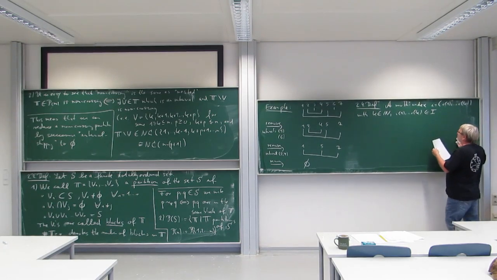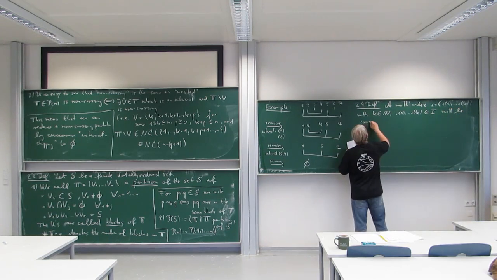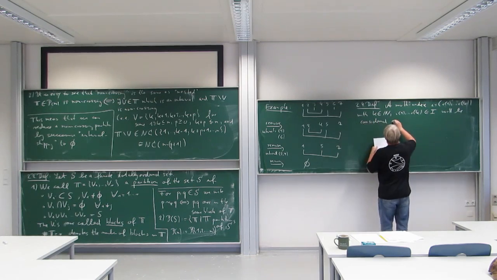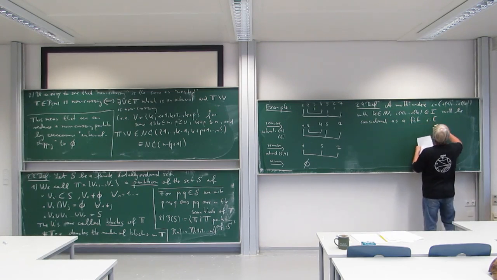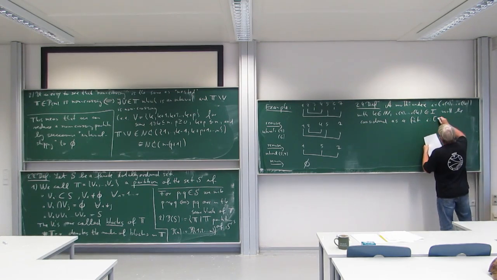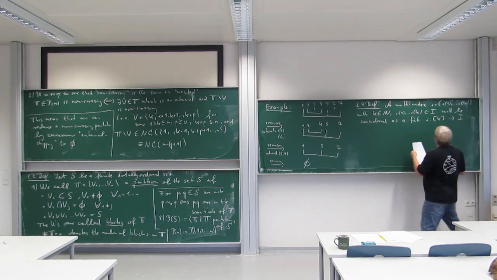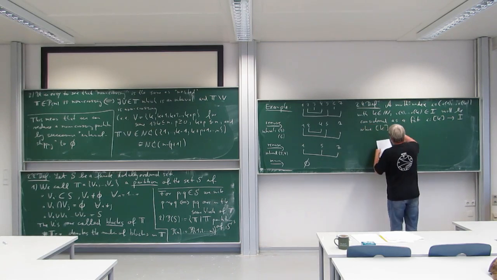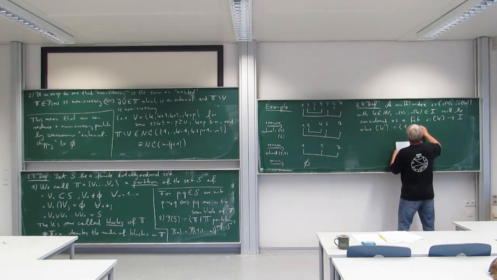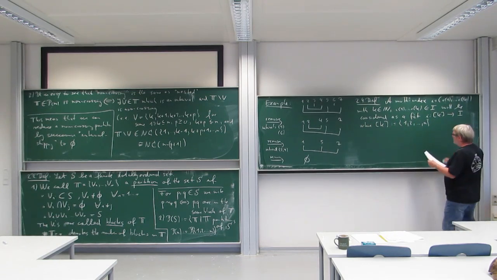So I can consider it as a function: i maps the interval [k] to I, where [k] is a notation for the set 1 up to k, the first k natural numbers.